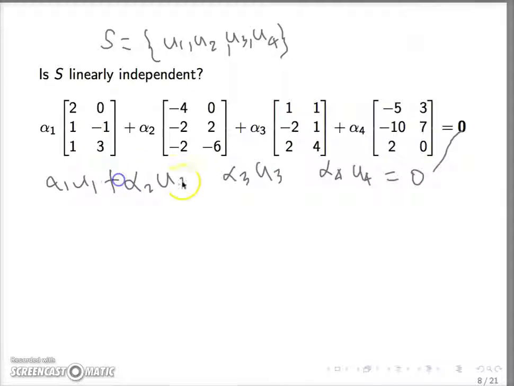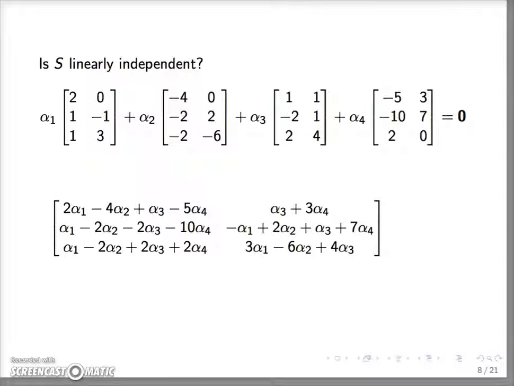Of course, it's a linear combination, so this is adding up. And in this vector space, we're talking about 0 being a matrix that has 3 rows and 2 columns. So this would be the 0 of the vector space M sub 3,2. 3 rows, 2 columns, right? So there is the linear combination we would like to consider.